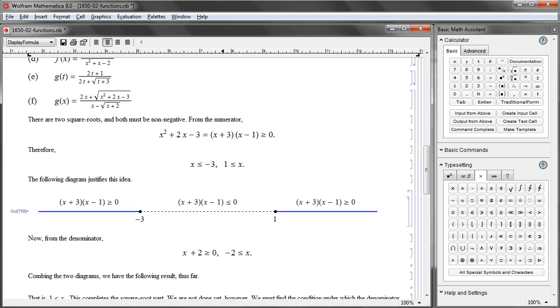They are both odd multiplicities, so we have sign changes. So plus from the right hand side, and across odd multiplicity we have minus in the middle, and then plus again. We have to take the plus part.